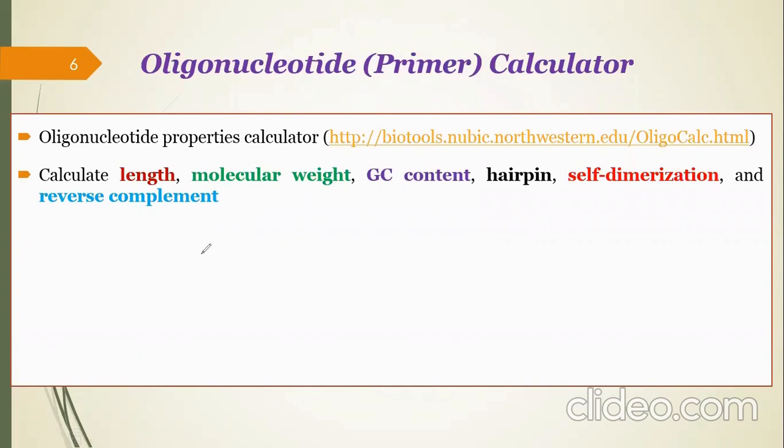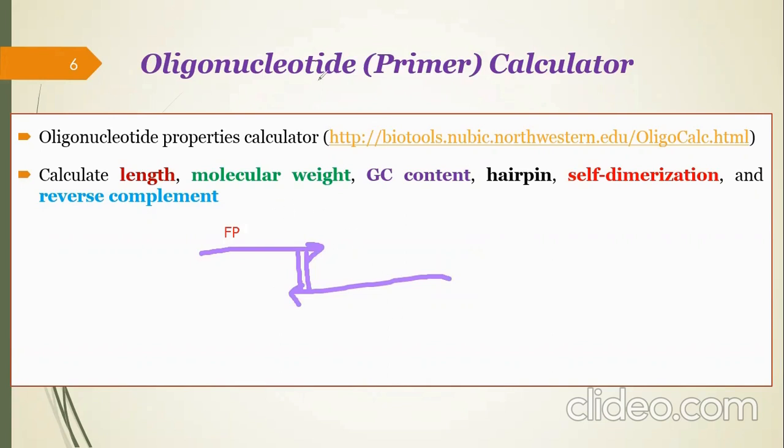If we have a forward primer, and if we have another sequence and that is the reverse primer, and somehow these two primers have two or three nucleotides complementary at their 5' end.